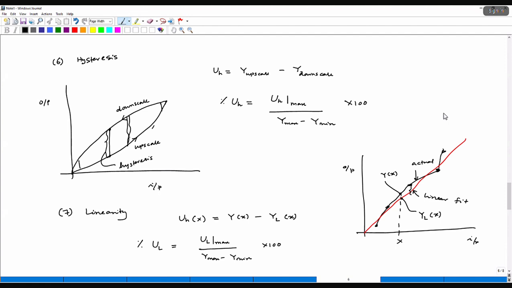If you take the difference, that gives you hysteresis. For some input, you will see that the hysteresis is maximum, maybe somewhere here for this particular curve. It is not maximum here, or there. It is maximum somewhere here in the middle. So that maximum, when you divide by the full scale output and multiply by 100, is the way you can define hysteresis.